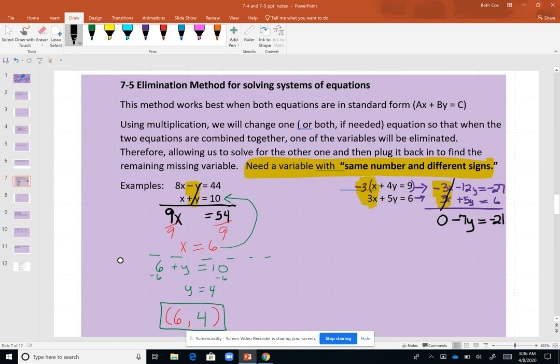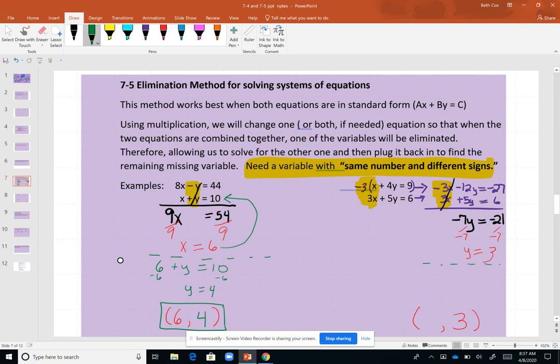I don't need the 0, just so you know. And then I can just finish solving this. I divide by negative 7, and I get y is 3. Now again, remember my answer is an ordered pair, so I've got the y number, but now I need to get the x number. Like I did before, I'm going to take my answer and plug it back into one of the two equations.